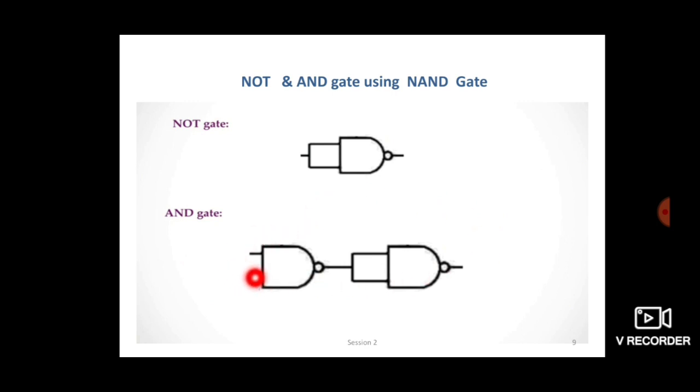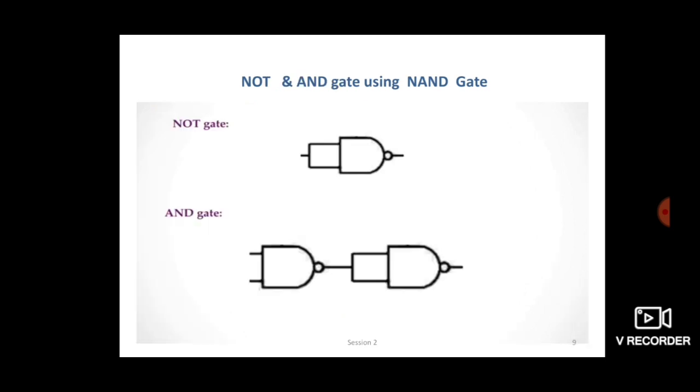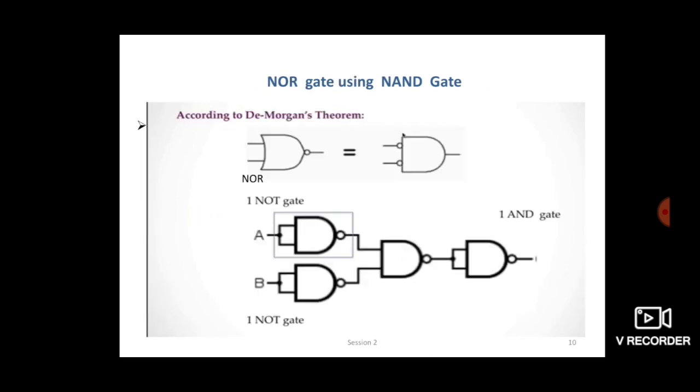Now student, wherever NAND gate is used for construction, at that time you can utilize the NOT gate symbol and AND gate symbol. Now see here, the first two are NOT gates and the remaining one is an AND gate. Now what is the final circuit for NOR gate?